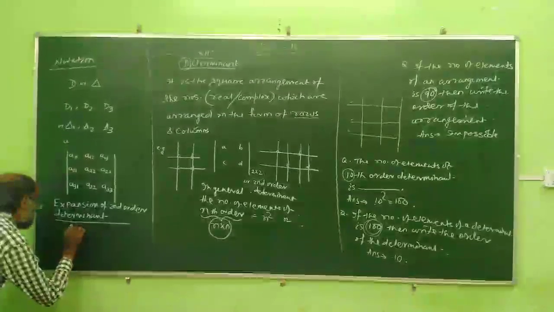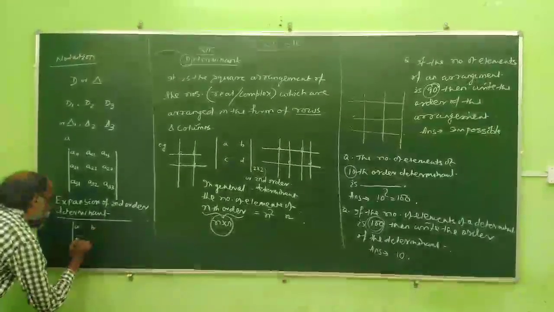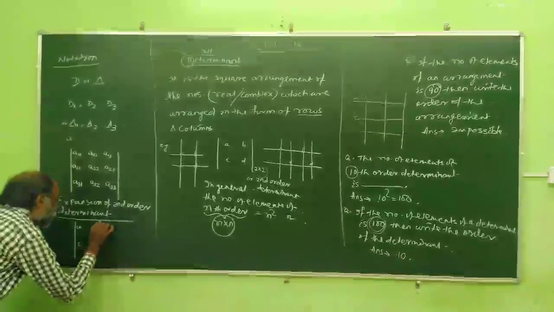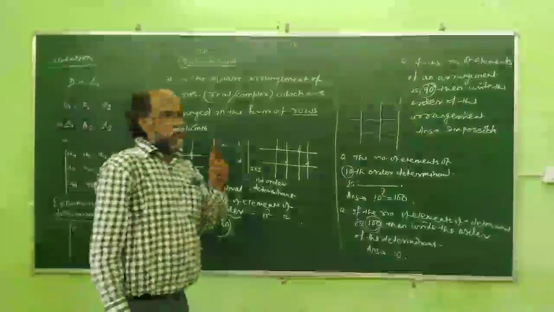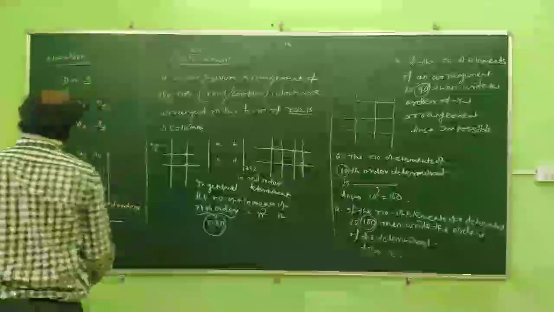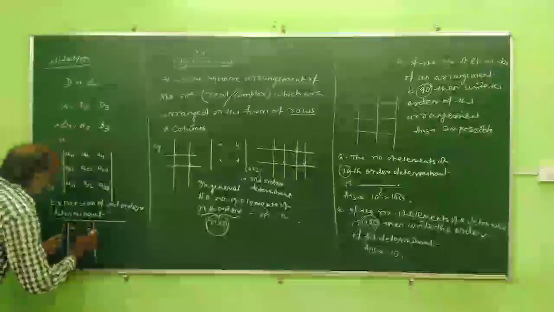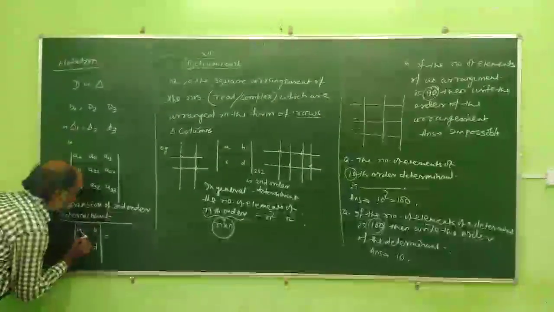Let us take one second order determinant. Once again, A, B, C, D. I have taken 4 different elements, A, B, C, D. Ready? Then now see, we will expand it. How to expand? Just put arrow marks.